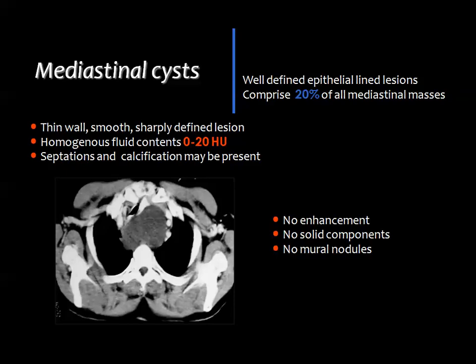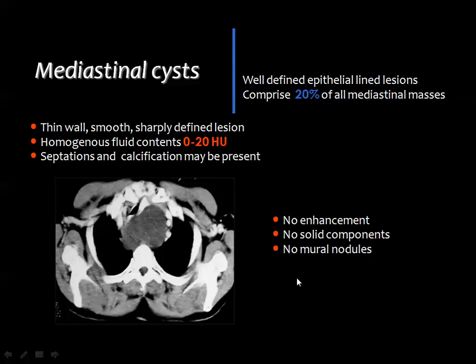And most of the mediastinal cysts will show the typical benign cyst criteria, including the 3 positive and 4 negative criteria. The 3 positive are clear water content, paper thin wall, and sharp, well-defined margin. The 4 negative issues are that there is no enhancement, no solid components, no internal septations, and no calcification.